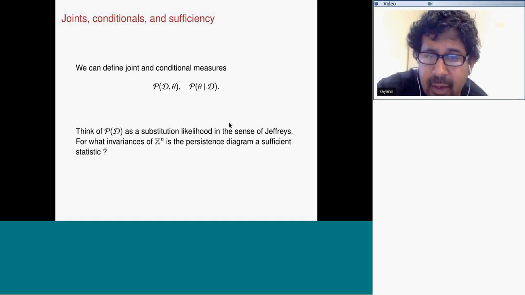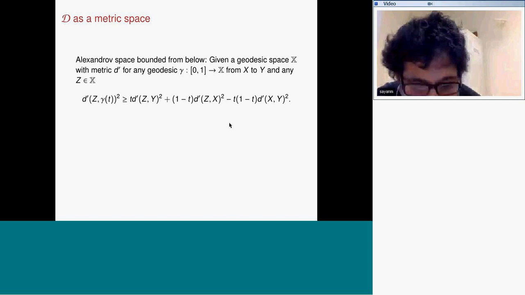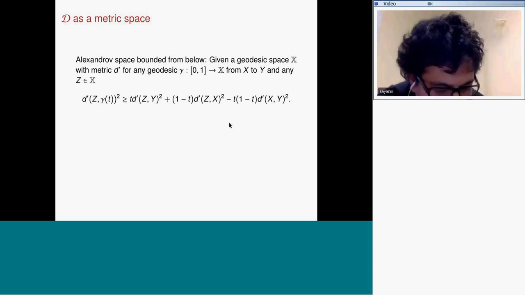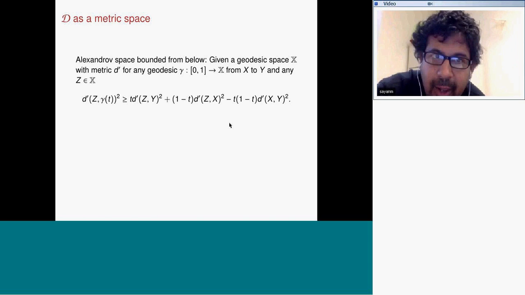Under what invariances on the data is a persistence diagram a sufficient statistic? Meaning, are there particular constructions where it's not just a summary, it's a sufficient statistic, and no data information is lost? Now, thinking about persistence diagrams as a summary, it is a metric space, but it's a very painful metric space to work in, something called an Alexandrov space bounded from below.